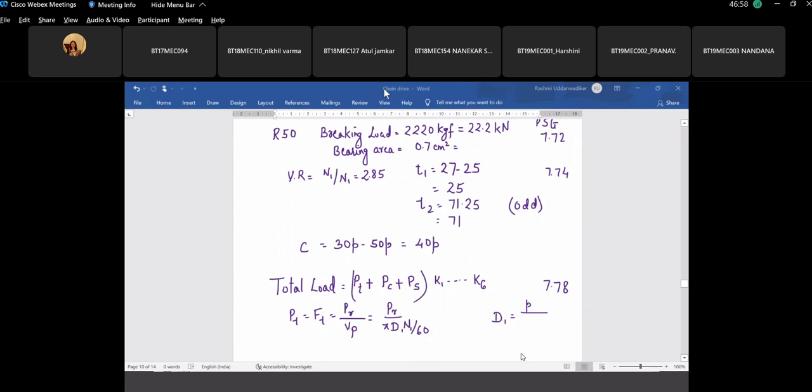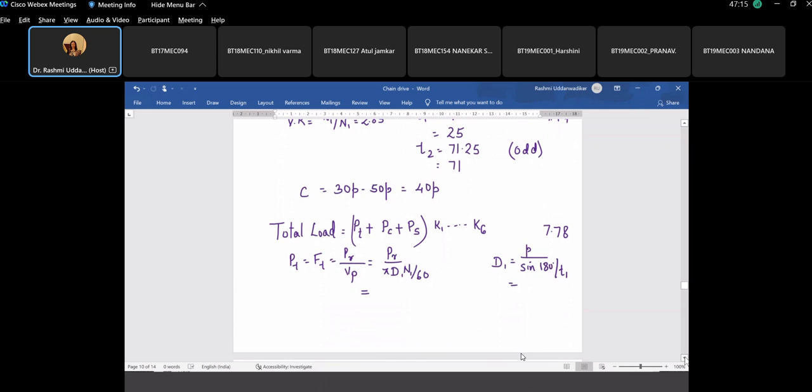P upon sine 180 by T1. Give me the diameter, give me the peripheral velocity, and so give me what is this tension on the chain. Give me all the values quickly, please.